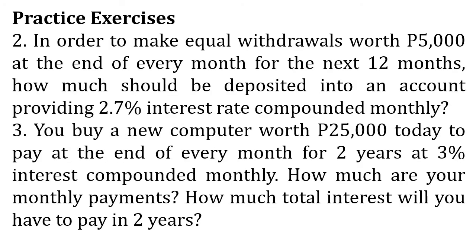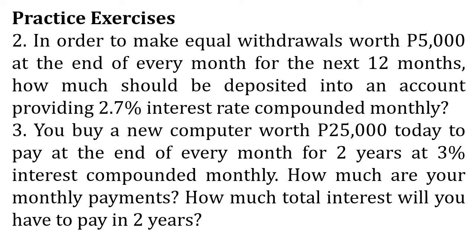Number 2, in order to make equal withdrawals worth 5,000 pesos at the end of every month for the next 12 months, how much should be deposited into an account providing 2.7% interest rate compounded monthly? So, number 2 is the present value of an ordinary annuity.